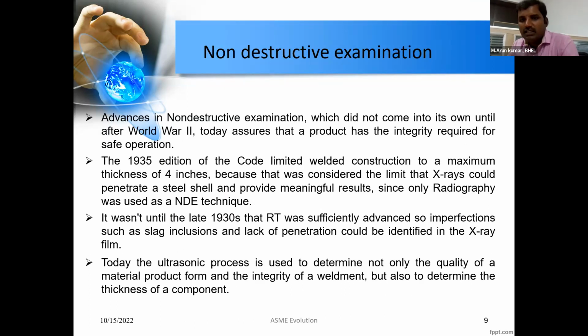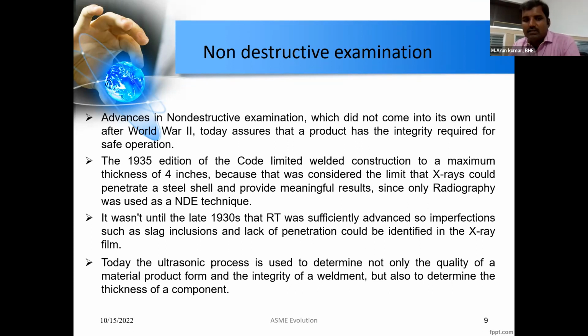In non-destructive examination, till 1935, X-ray radiography was the only non-destructive examination. That too, it was effective only up to 100 mm thickness of the material. So in those days, the thickness of the pressure boundary was restricted to 100 mm only.